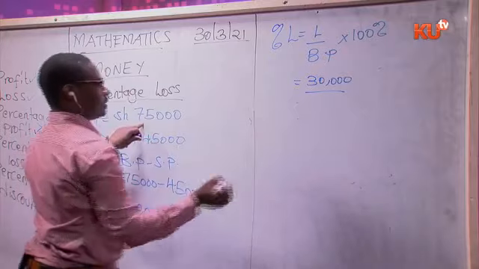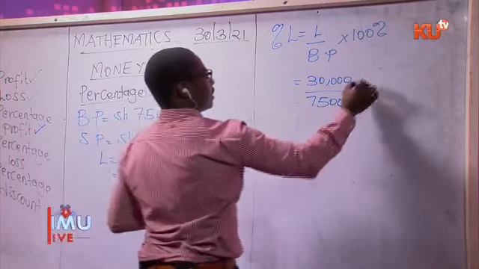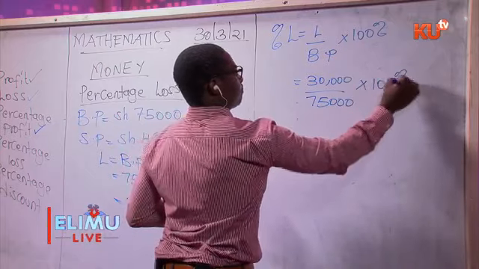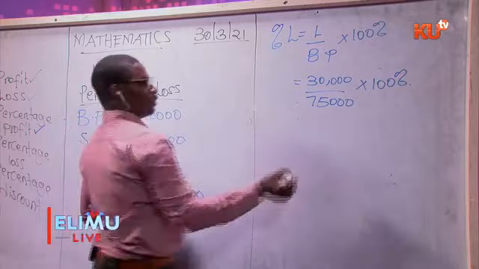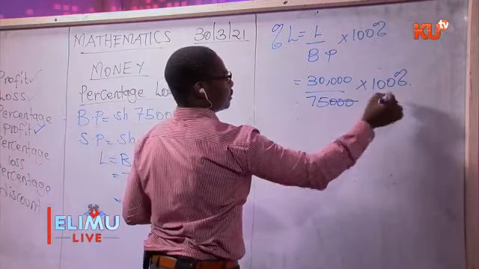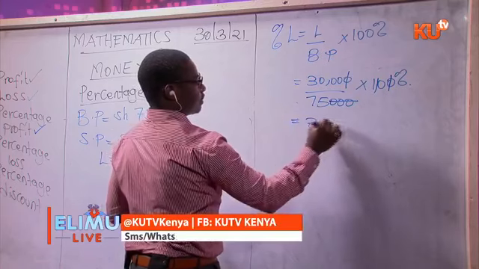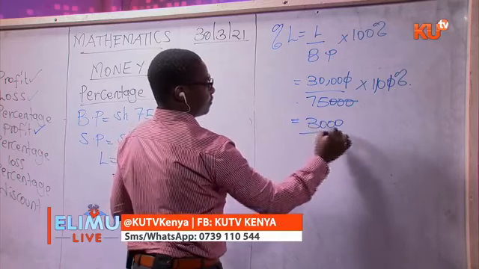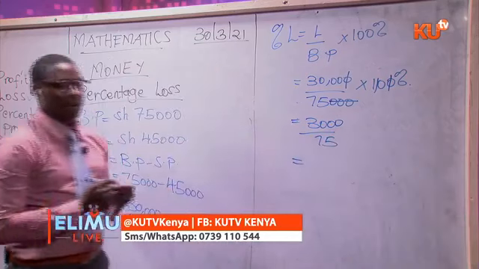Our buying price is 75,000 shillings. And our percentage is 100%. So you solve all these, 3 zeros, 1, 2, 3. So you have 3,000 divided by 75.